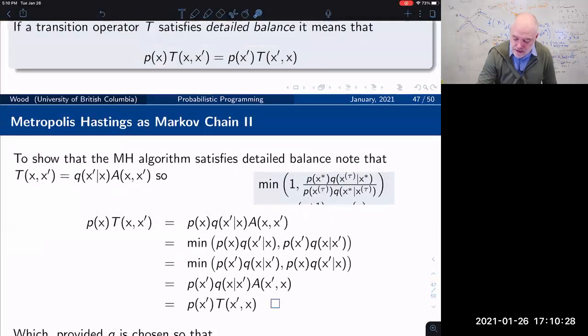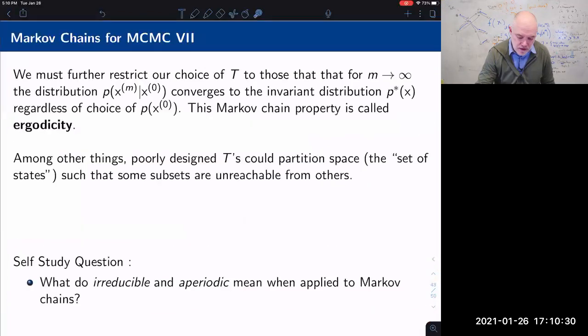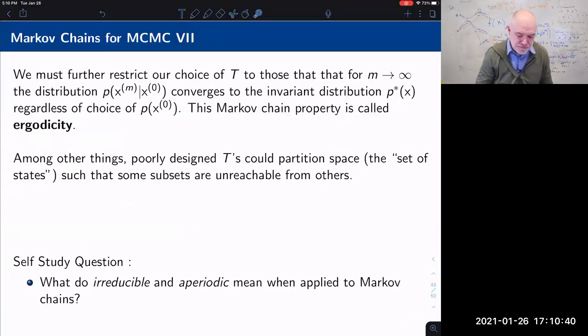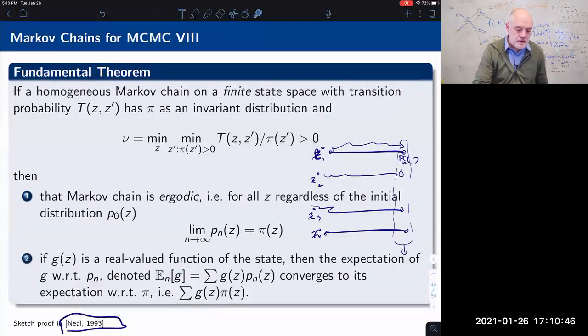So detail balance gives you a stationary distribution, right? Ensuring that this condition holds gives you ergodicity, right?